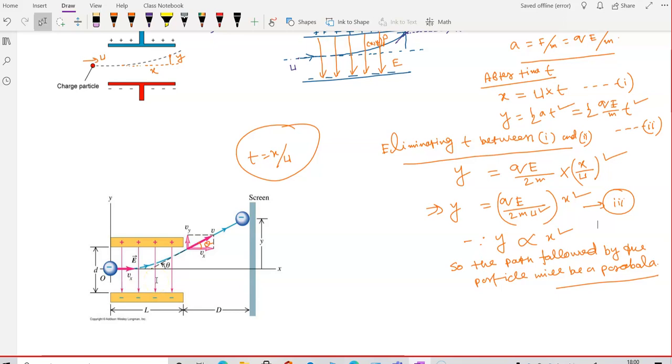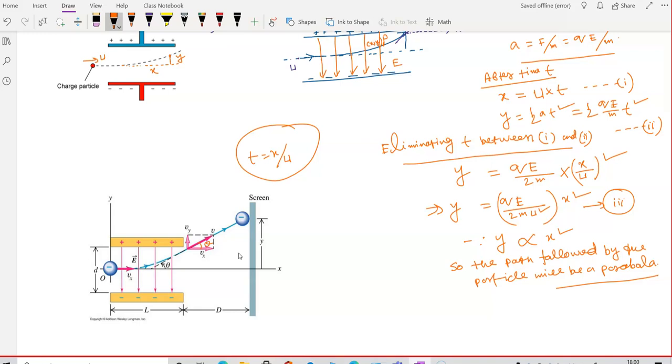The electric field is obviously restricted to the portion between these two extremities. When it leaves the extremity, what will be the velocity along the x-axis and the velocity along the y-axis, that we want to determine. So let us find the velocity after time t, at an arbitrary time.